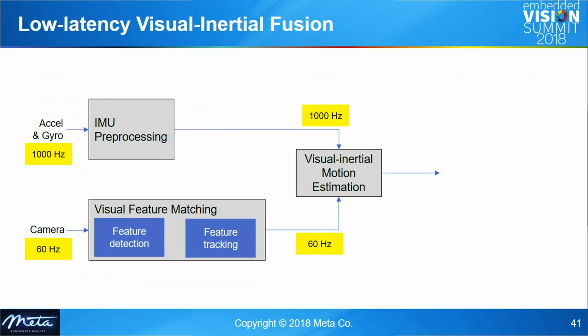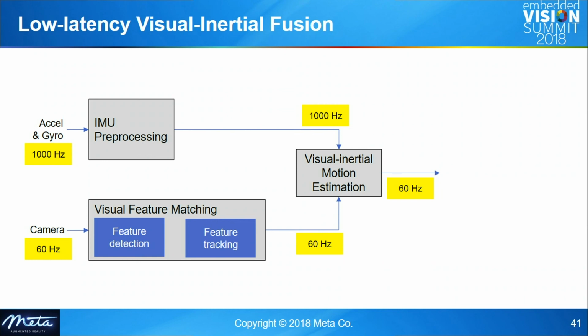That means that for every camera frame you have 16 IMU readings, and typically in visual inertial motion estimation, the most convenient way would be to just hold on to these 16 IMU readings and then process all of them when we actually get the camera frame as well.